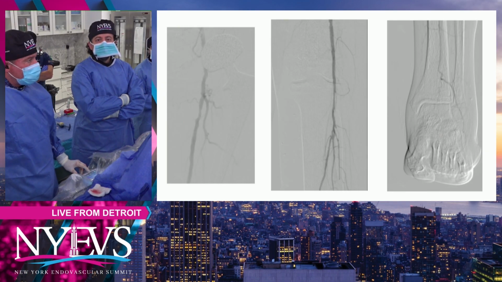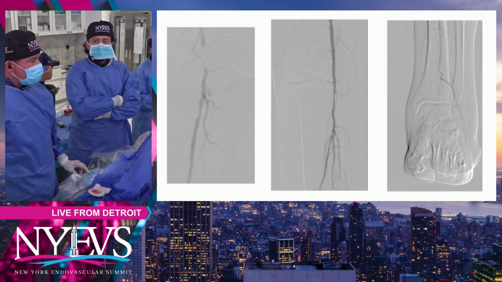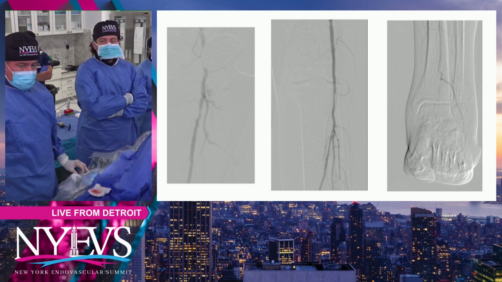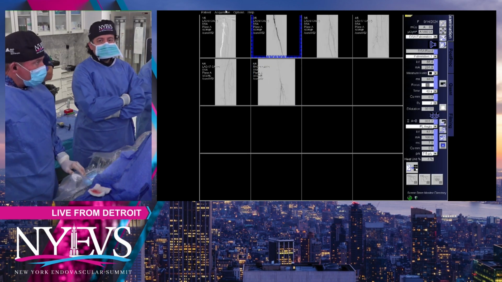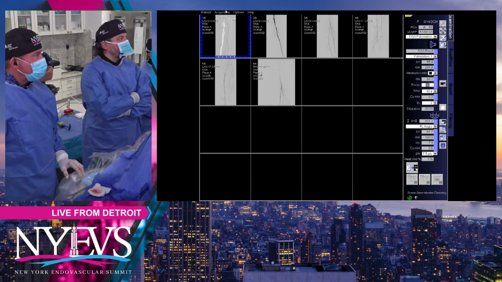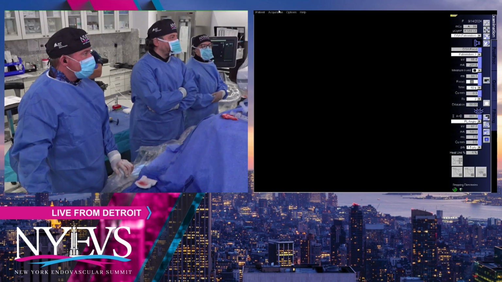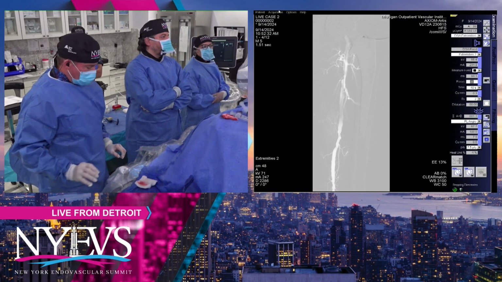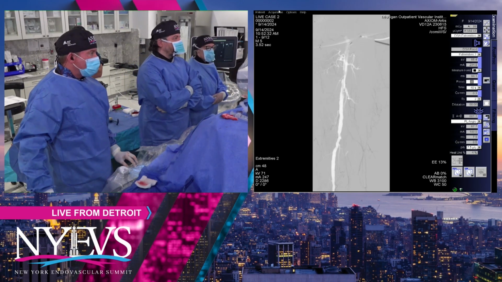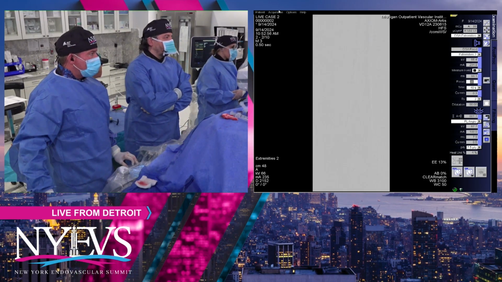And we can go directly to our live images, the angiographic images. With those cases, if there is tibial disease, I prefer to obtain antegrade access. So, diagnostic angiogram, ultrasound guided access of a compressible common femoral artery.